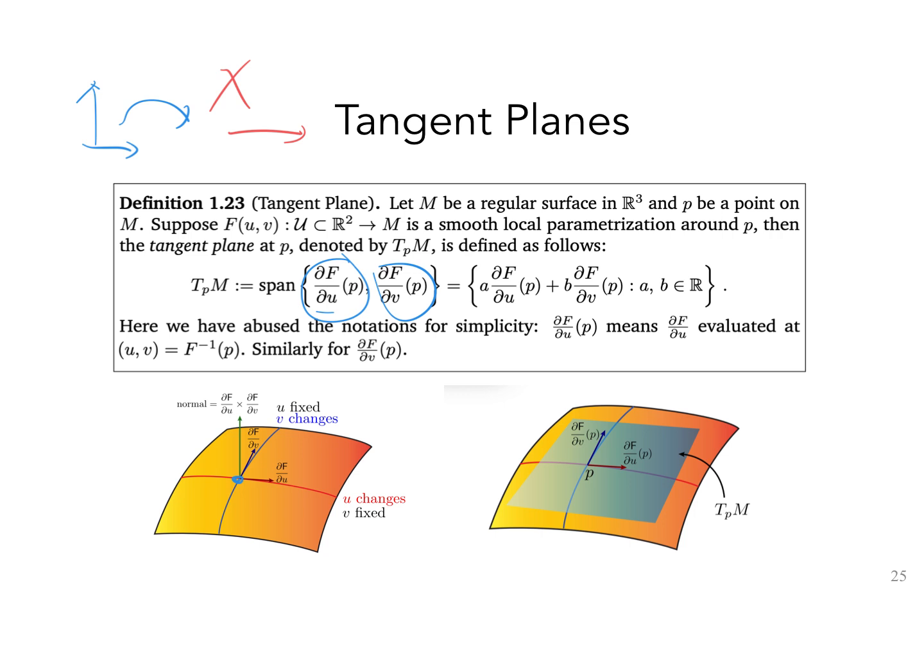Now here, the tangential plane is defined simply as the space that's spanned by this derivative term. Okay, does that make sense? Basically, I create a basis here, and then using those two bases, I can form a Euclidean space. Okay, does that make sense?